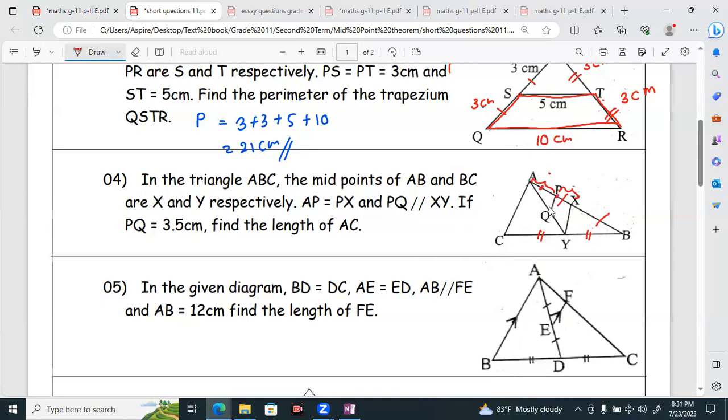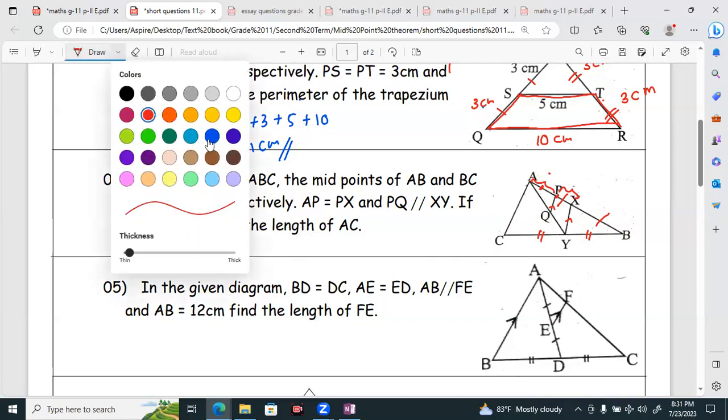And PQ is parallel to XY. If PQ is equal to 3.5 centimeters, find the value of AC. AC ගේ value එක හොයන්නලු. try කරන්න බලන්න.